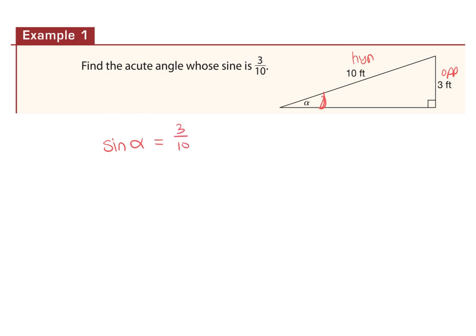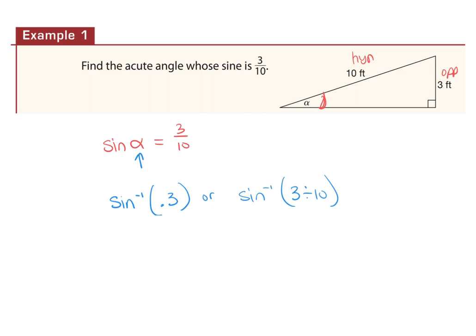If I then want to solve for what the angle actually is, if I'm solving for that angle measure, then in my calculator, I'm going to do the inverse sine of 3 over 10, or 0.3, or if you have a fraction that is not that easy to decimal, just do 3 divided by 10 in parentheses. So in your calculator, you're going to use your second button, right?